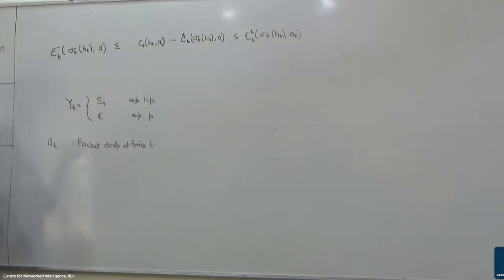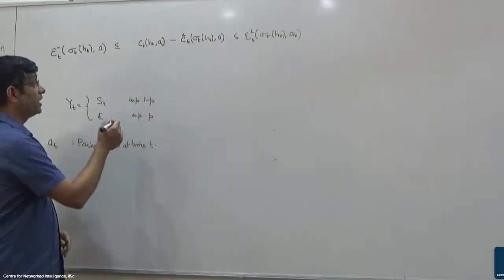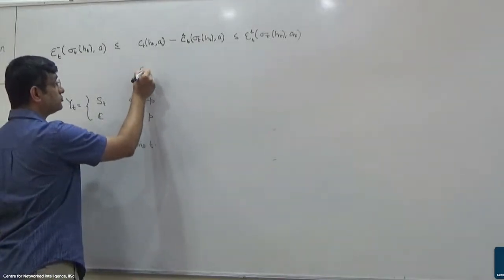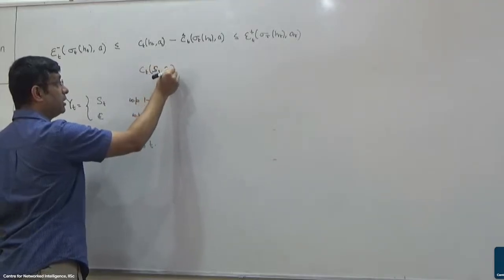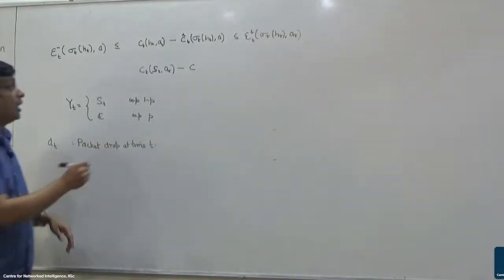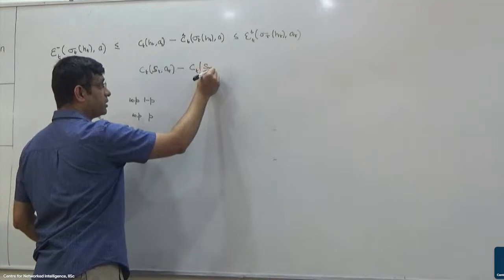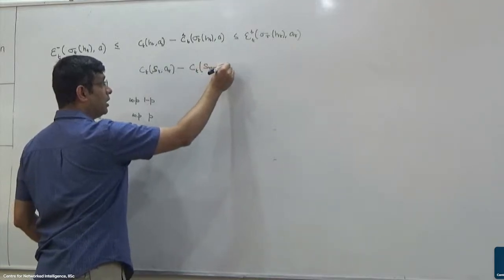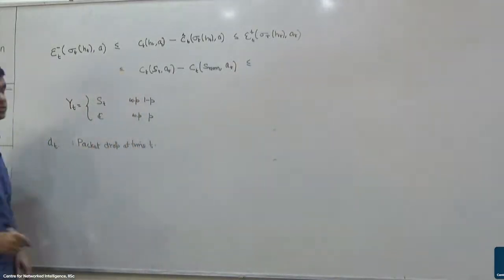So, the way I would like to construct this bound is this. This was actually the actual cost at state F_t and action A_t, minus, when I do get a packet drop, I am going to assume I am at some nominal state, let us say S nominal, and A_t, and I want to get upper and lower bounds on these.